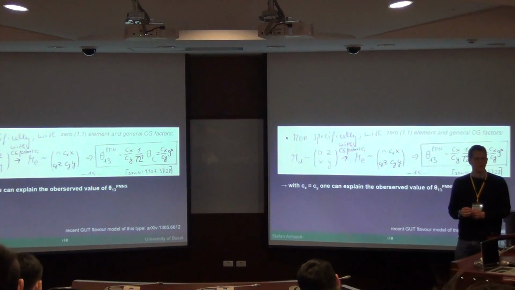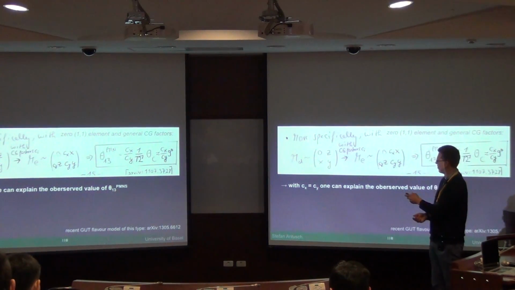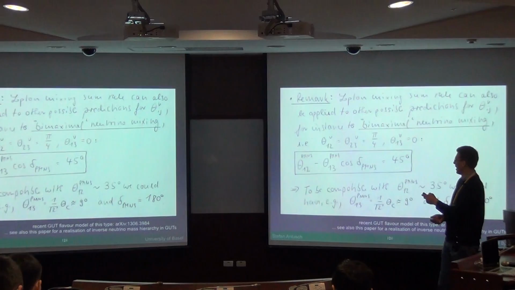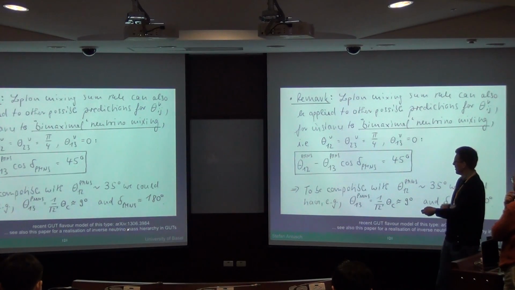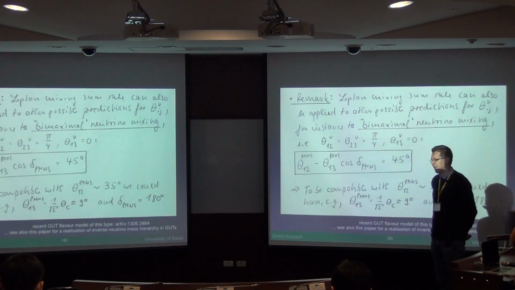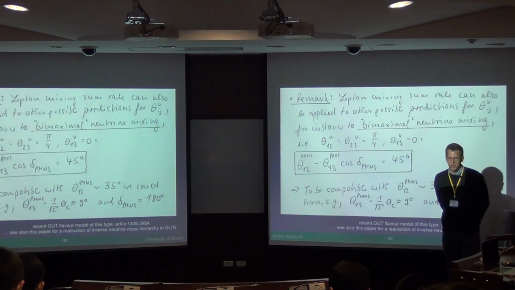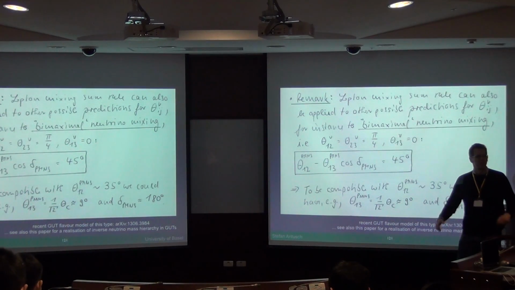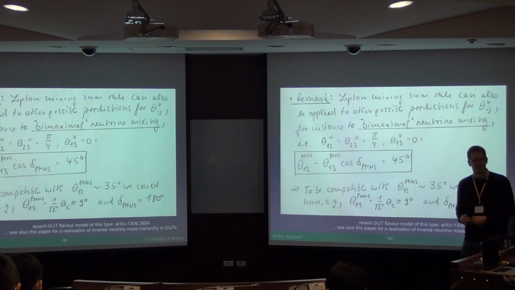This works nicely. But there's also a nice possibility to construct an inverse neutrino mass hierarchy in grand unified theories, for which there is also some kind of prejudice with many people that it's not natural, because the quark mass matrices are hierarchical, so you also expect a hierarchical neutrino mass matrix, or a normal hierarchy.